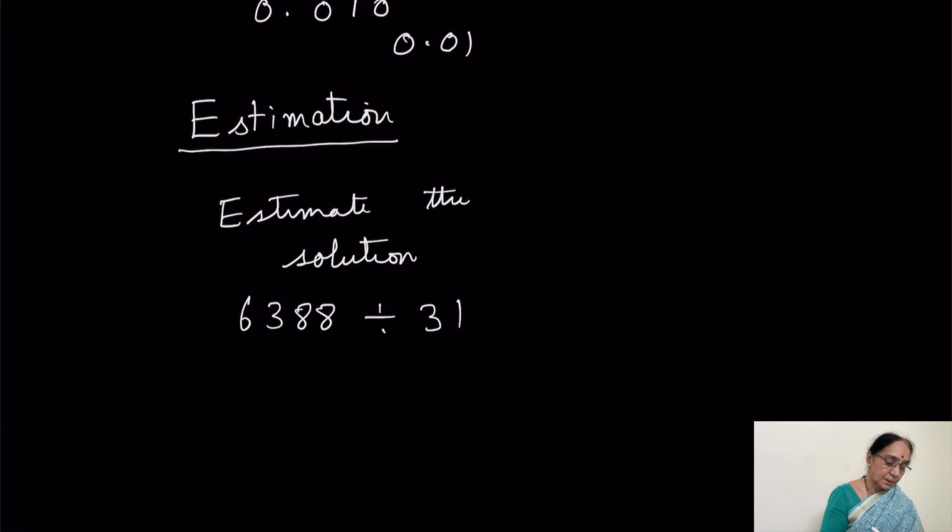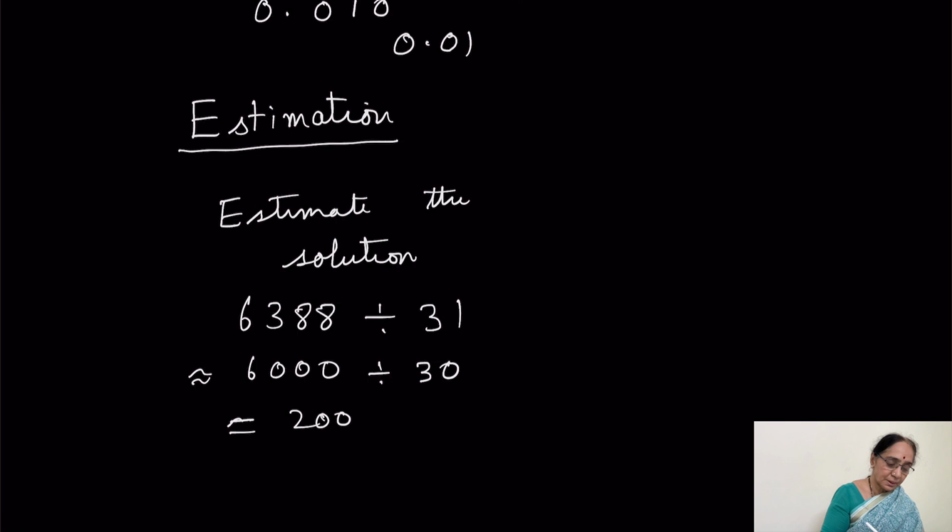Now I can see that 6,388, I want to round it to the nearest 1000. So this is approximately 6,000. Because 3 is less than 5, I choose to change the rest of the numbers to 0. And this is divided by 30. So 6,000 divided by 30 is 200.